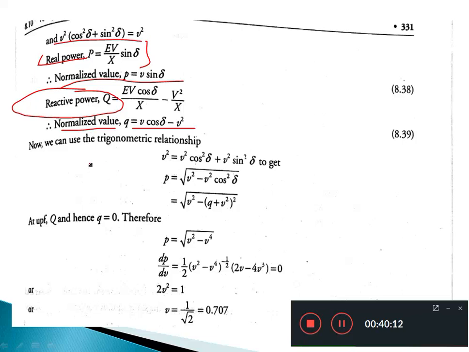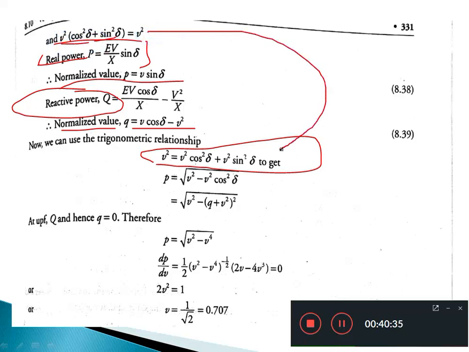Then using trigonometric relation, A square is equal to B square plus C square. A square V square, this is V cos square delta plus V square sin delta. Here you have to multiply this inside the bracket. This is the required equation.